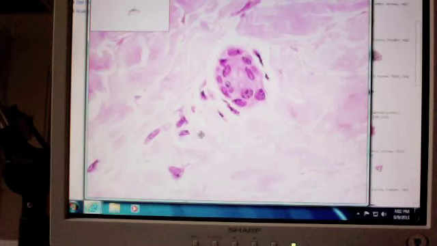If I said this epithelium is lining what kind of structure? What's the question again? This epithelium is lining what kind of structure? A duct? Yeah. Correct.